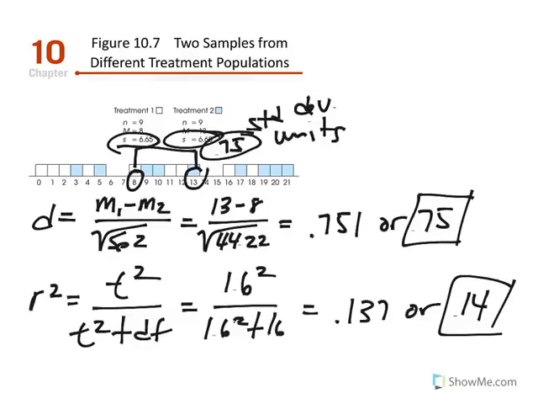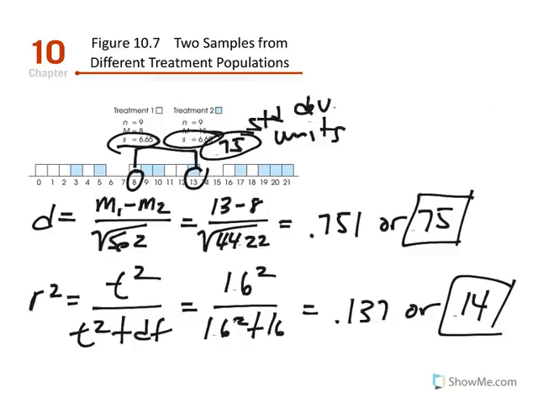Again, given the table that we were provided, 0.25 is considered a very large effect. So this is on the low to medium side. And so again, we would conclude that the effect of the treatment is not significant. And both of these statistics support our conclusion to fail to reject the null.